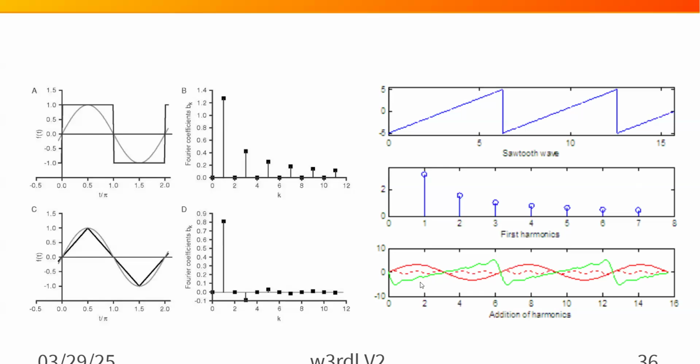The red line is your fundamental, and then this dotted red line are these little odd harmonics, and the result is this green one. And of course, once again, the more harmonics you've got, the closer that's going to be to this wave here. Of the sawtooth.